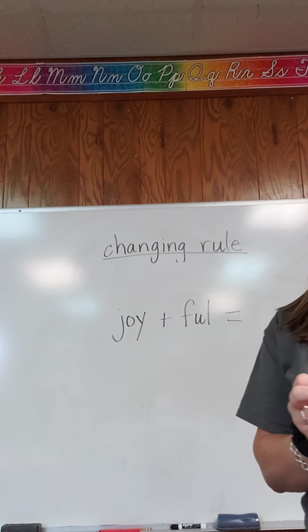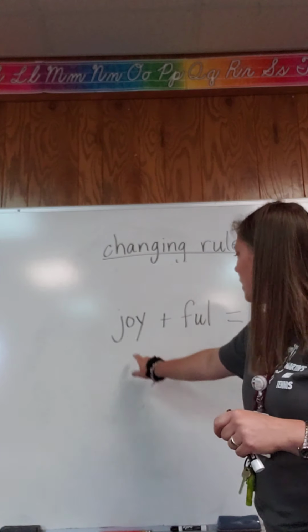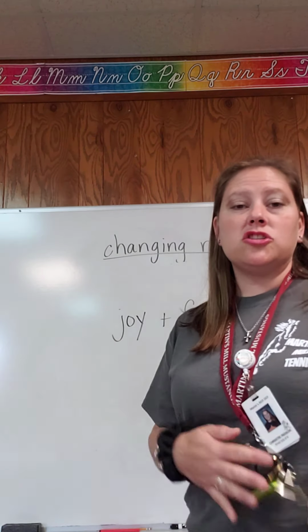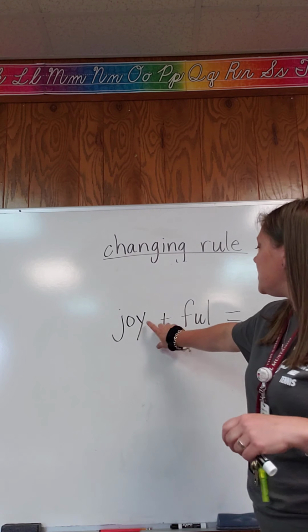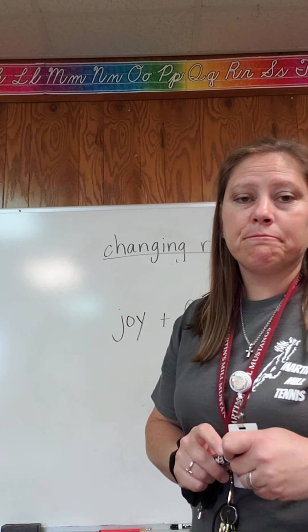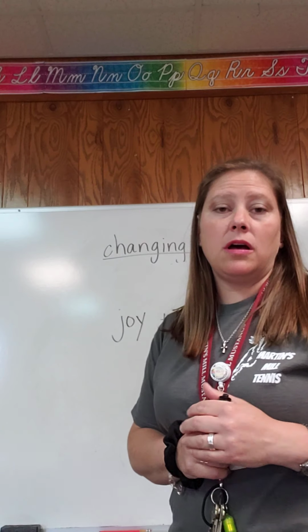Okay, look at it, see if you can identify your base word or your root word. Yes, it's joy with suffix full, which means you're full of. Okay, so joy plus full. This Y, does it come after a consonant? No, it doesn't. It comes after the vowel O.